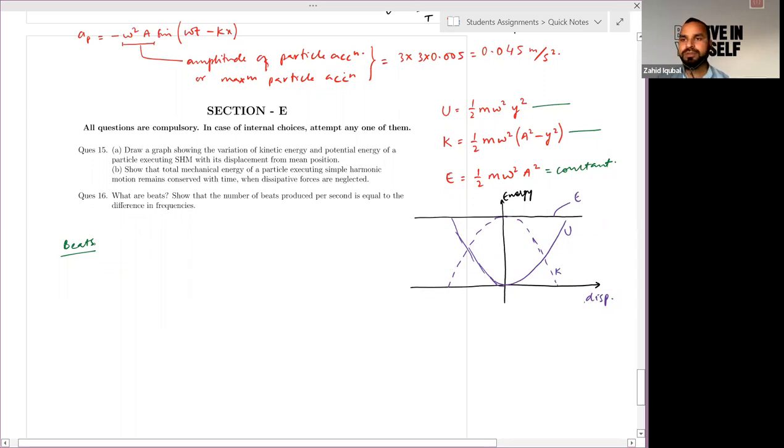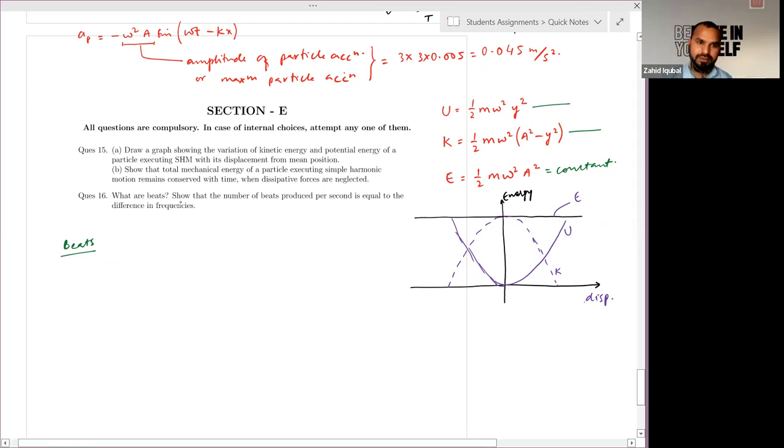This combination is called beats. So beats is nothing but combination of loud sound and faint sound produced by superposition of two waves having slightly different frequency, same wavelength, same amplitude, and same phase.